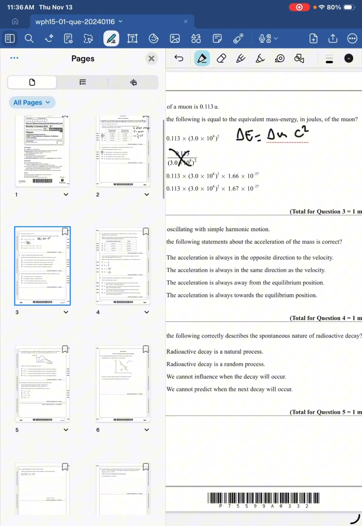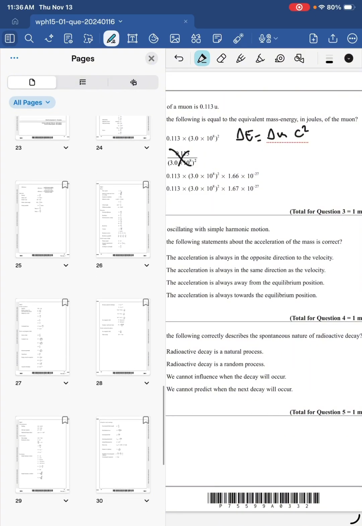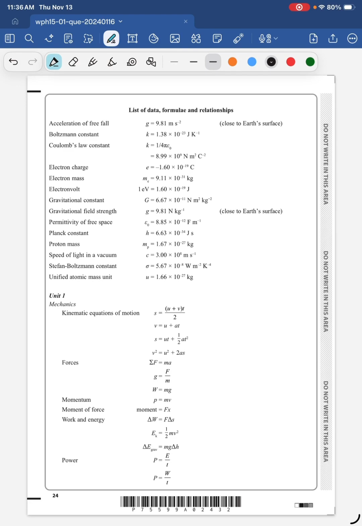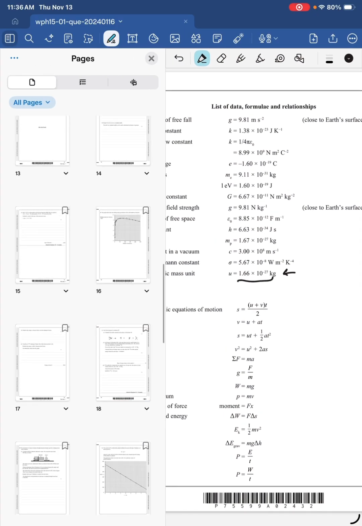Actually, I have to make sure. Let me read the units they give you. The constants are over here. They give you the atomic mass unit in kilograms, 1.66 times 10 to the minus 27.